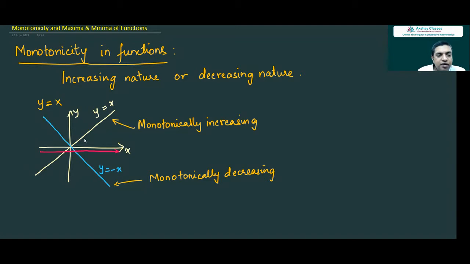Then if the function value is increasing, then it is monotonically increasing. And if the function value is decreasing, then it is monotonically decreasing. It is not the other way. If you go from right to left, it shows the other way. But we are not doing that. We are going from left to right.